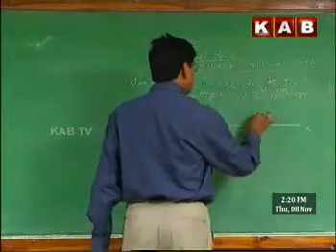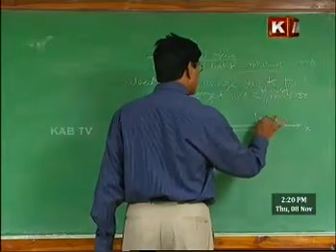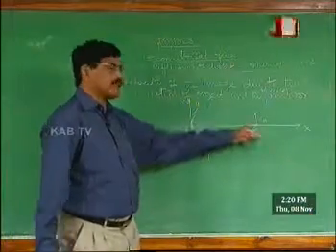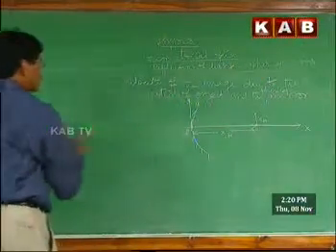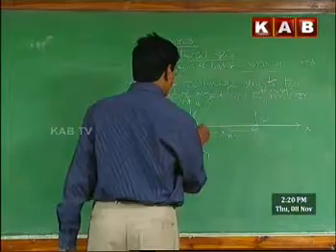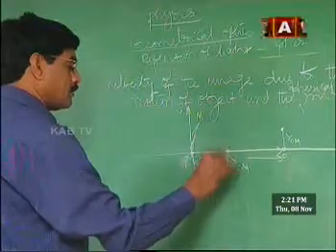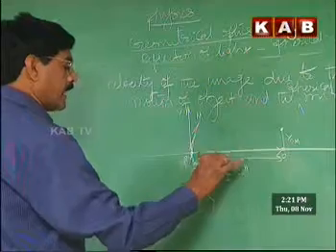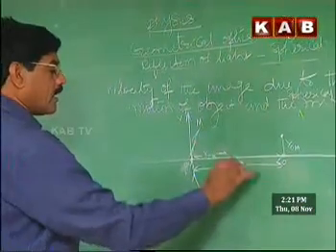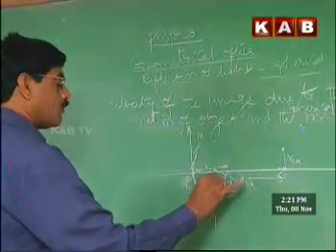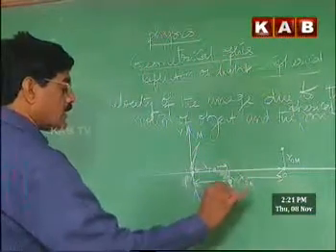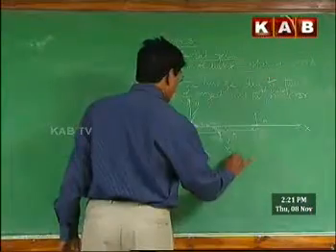If the object is here, this distance is YOM, the Y coordinate of the object relative to the mirror, and the X coordinate of the object relative to the mirror. Correspondingly, the image may be formed somewhere here. This is called XIM, the image X coordinate, and this is YIM, the Y coordinate of the image.